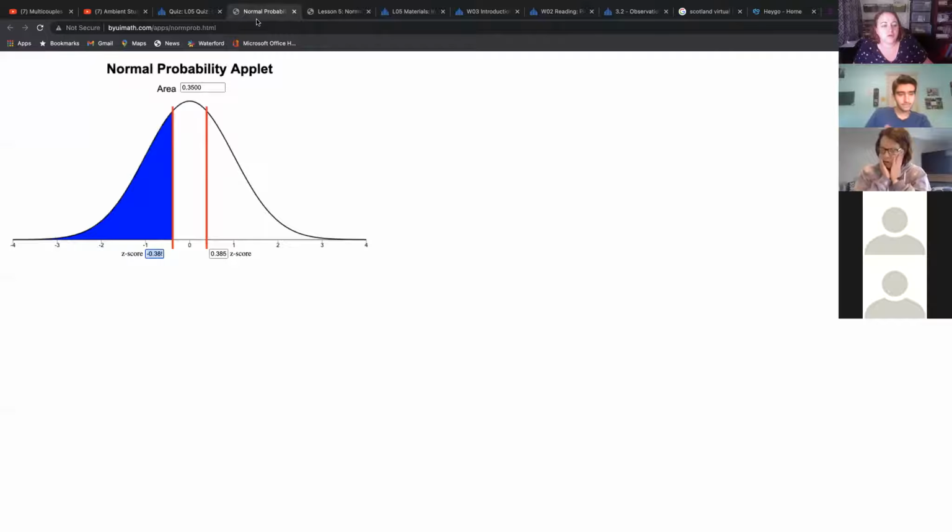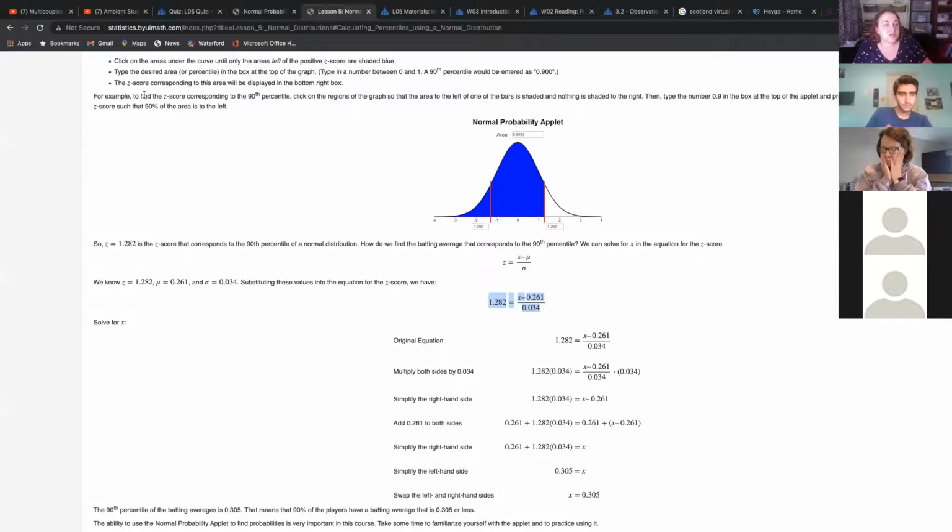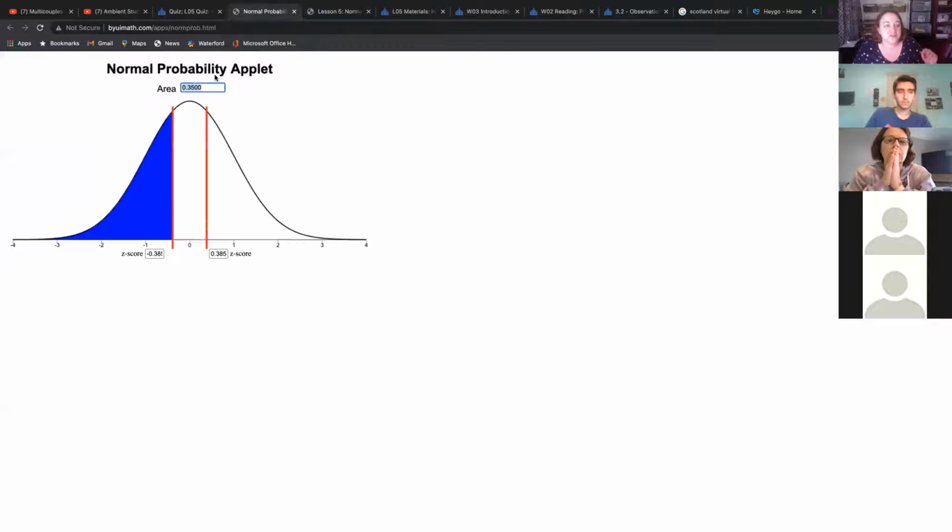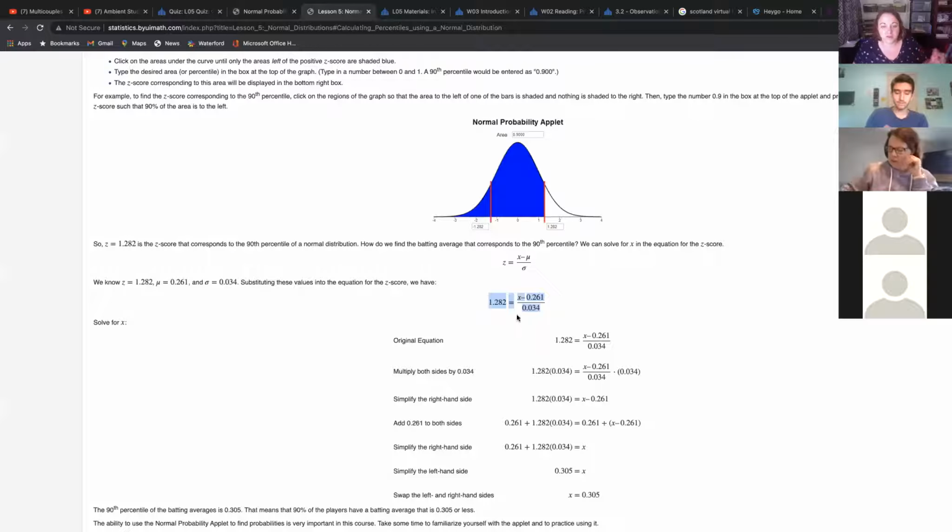I'm trying to figure out how you got the 3.8. So I just typed in, on here it says, to find the Z-score corresponding to the 90th percentile. And so I just put in, you turn the percentile into 0.35 instead, and then it gives us our Z-score down here. Oh, so we didn't have to do that hand calculation of the 35. Okay, I got you. And then we're solving for X. So X, what was our mean?